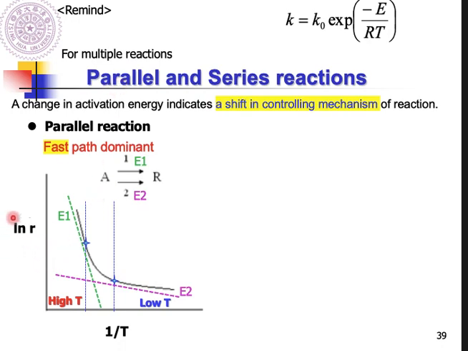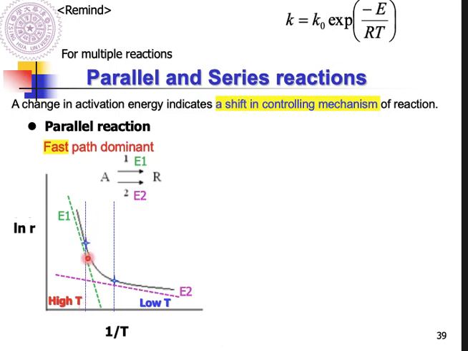As I mentioned before, you can measure the consumption rate of reactants, or the rate constant, at different temperatures, then plot log R versus 1 over T, or log K versus 1 over T. As long as the data points do not show a straight line but a curved line, that implies a parallel reaction, and the curved line looks like this.